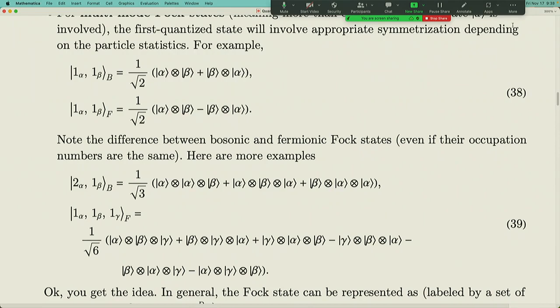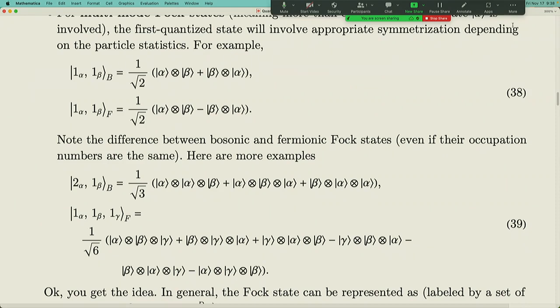So it's very simple: you basically need to convert these numbers into alpha to the second power and beta to the first power. Then you only need to write down the first term, and then you apply the symmetrization operation on this first term, which automatically generates all the remaining terms.